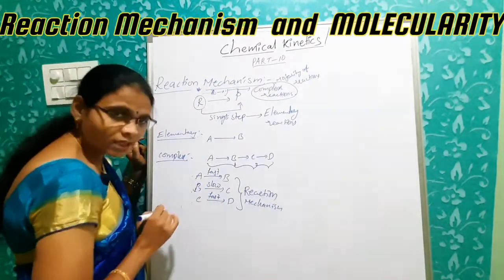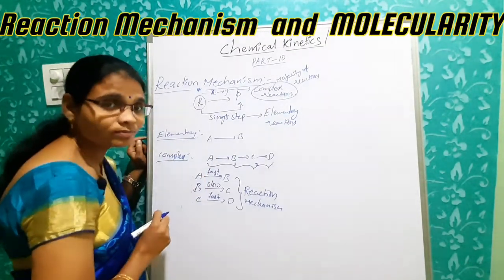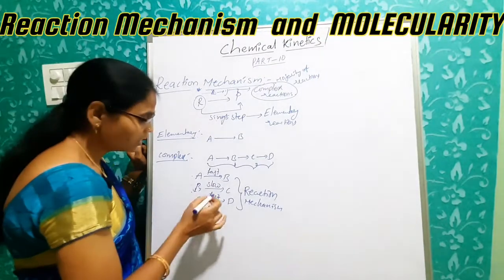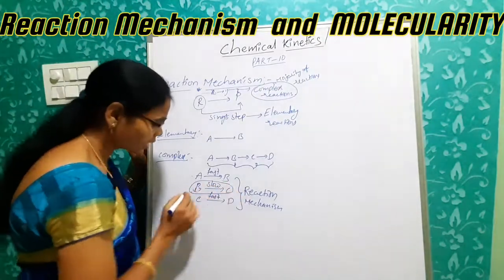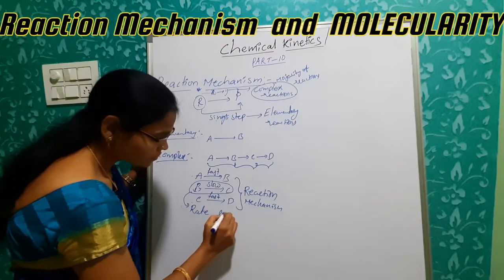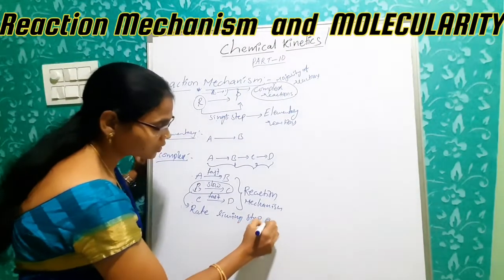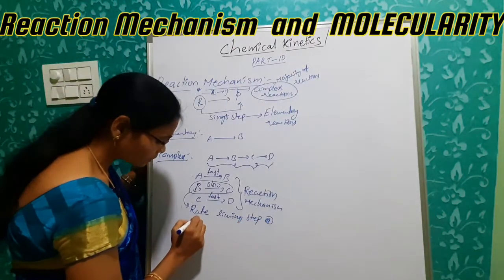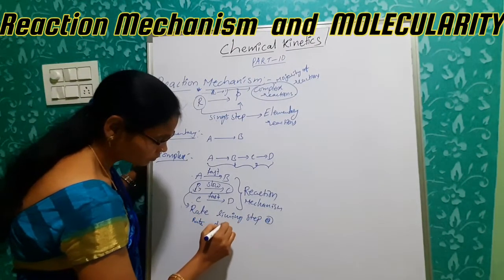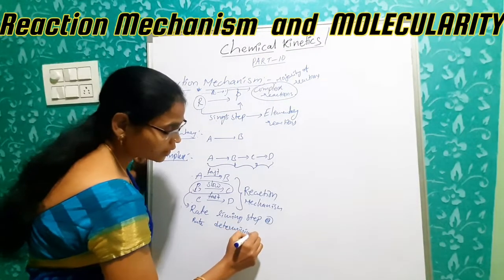The slow reaction controls the speed of the reaction. So that's why this slow step is also known as the rate limiting step or rate determining step.